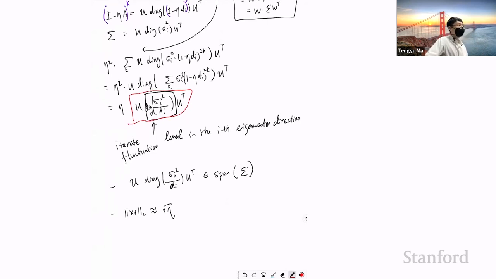Any questions so far? So the two-norm of x_t should also be some diagonal. Right, but all of those depend on dimension. For example, it depends on how large the sigma_i's and the d_i's are. But in terms of dependency on eta, this is on the order of square root eta. That's what I mean.